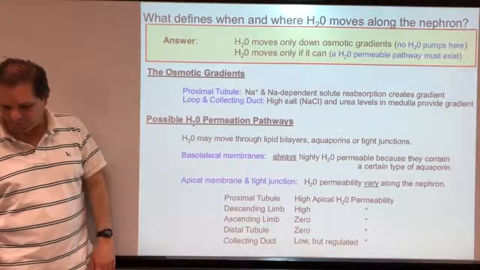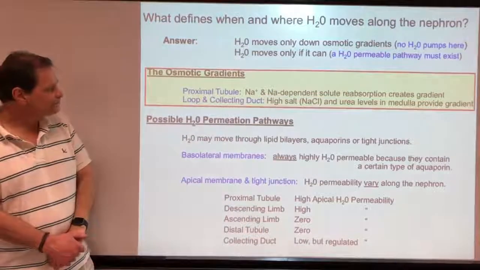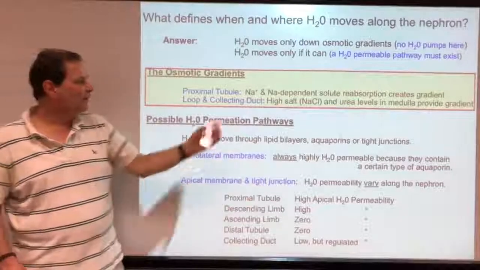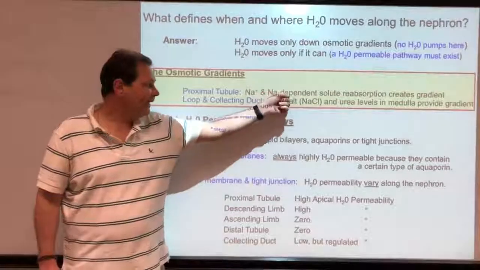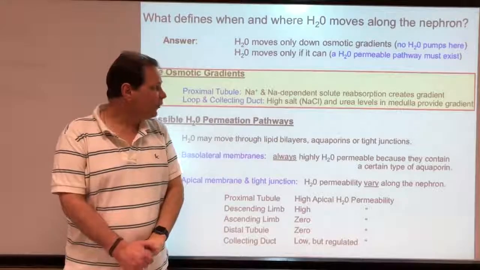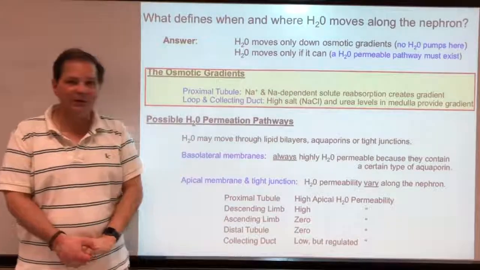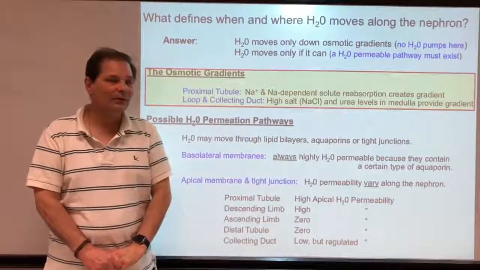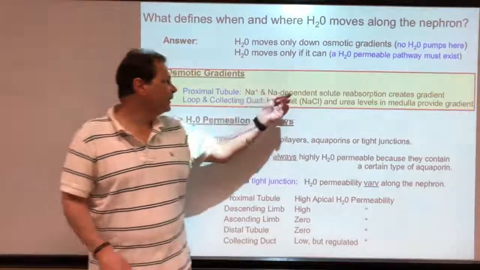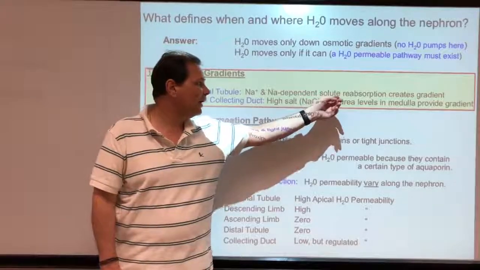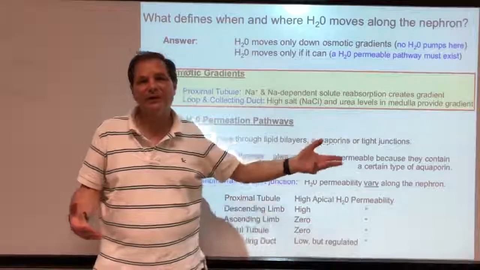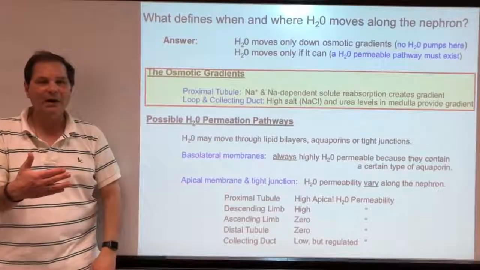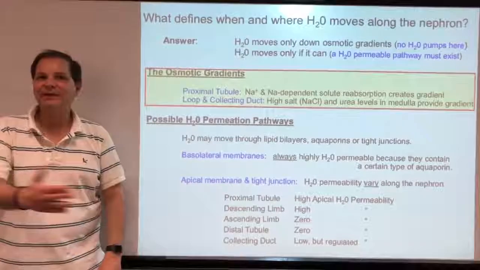It varies with that. All right. The proximal tubule is very water permeable, and so as the sodium is transported out of the proximal tubule, the water will follow. The sodium, as it's transported across, creates a water gradient. It locally increases the osmolarity. It doesn't increase it much because water will immediately follow.